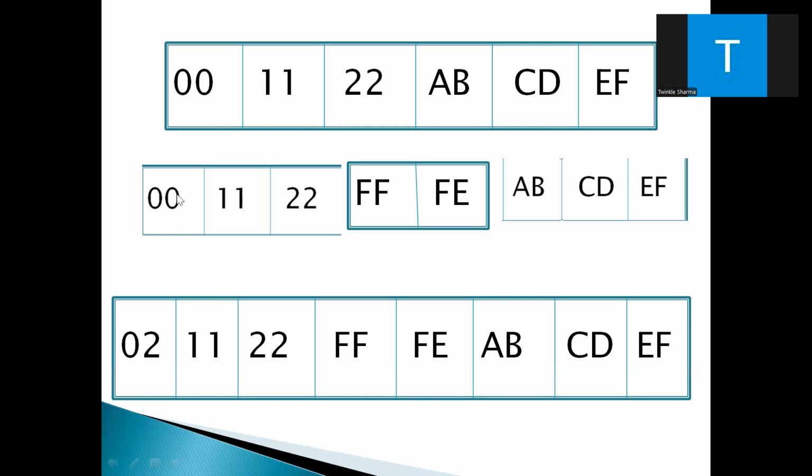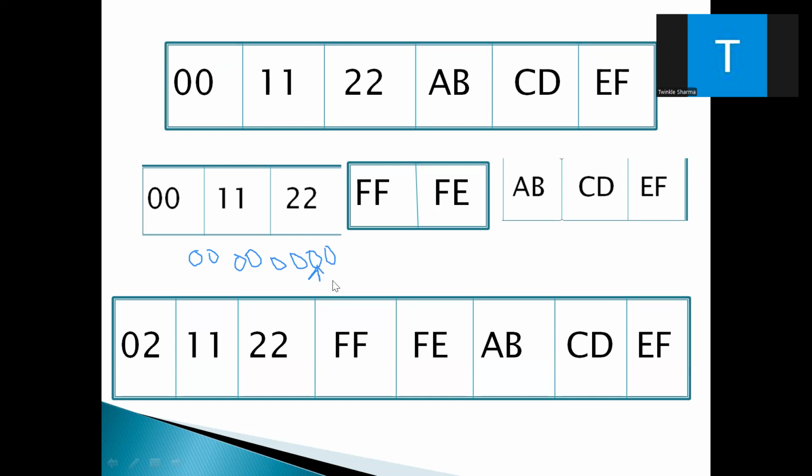Here we have 0. If I write the 8 bits here, 0, 1, 2, 3, 4, 5, 6, 7, 8, its 7th bit is 0.